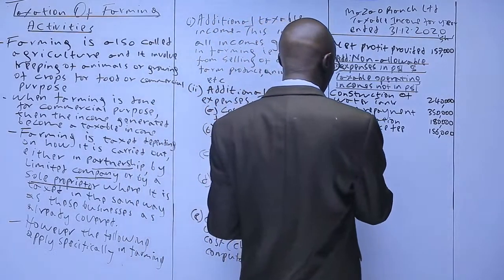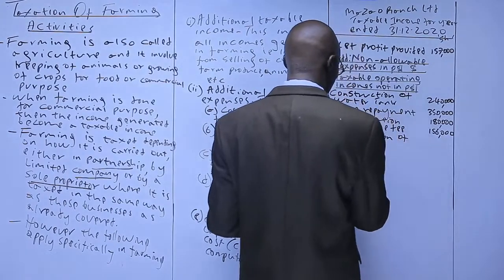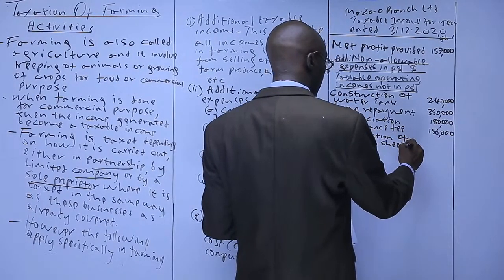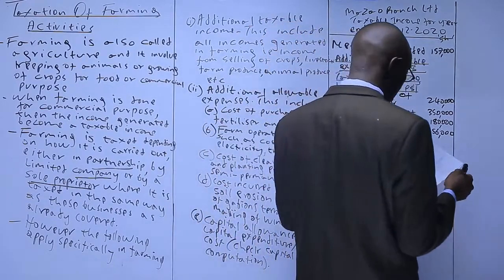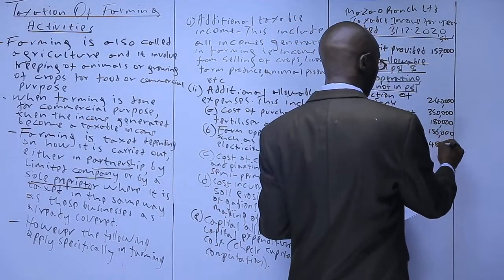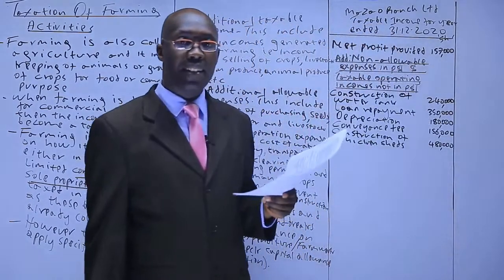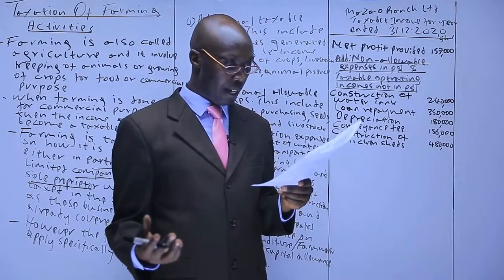We disallow. Chicken sheds, a fixed asset for 80,000. Animal feeds, that is an allowable expense. We said an operational expense.